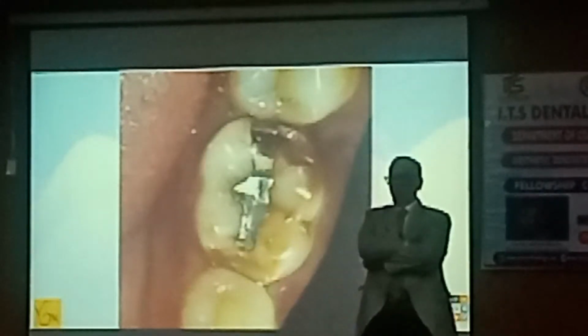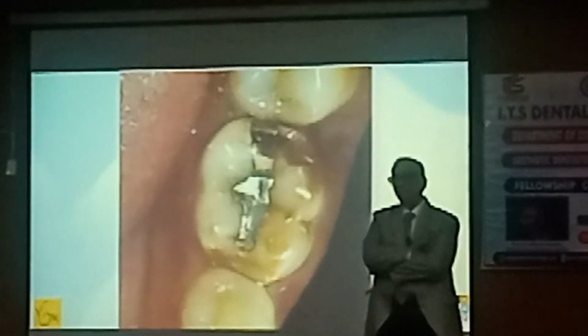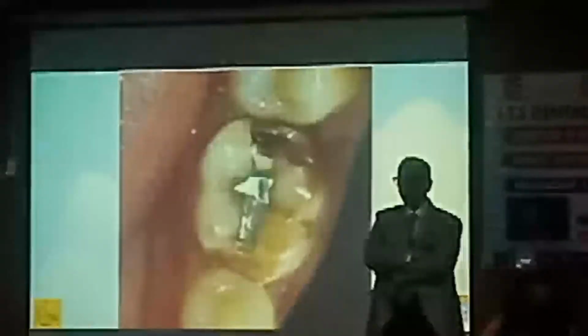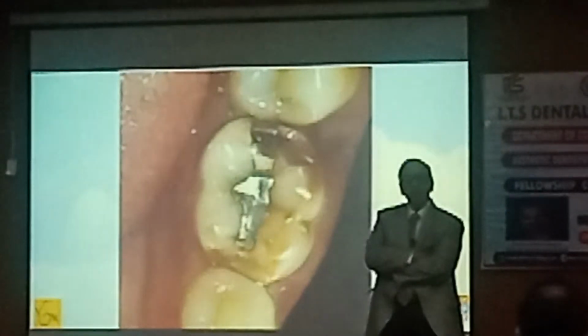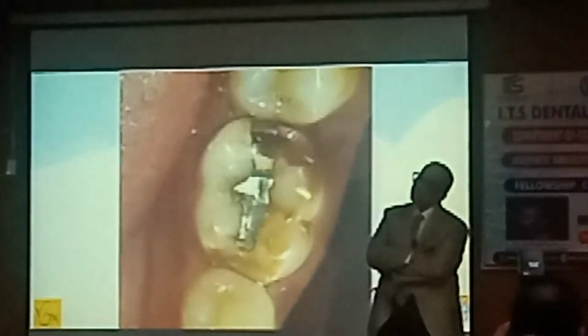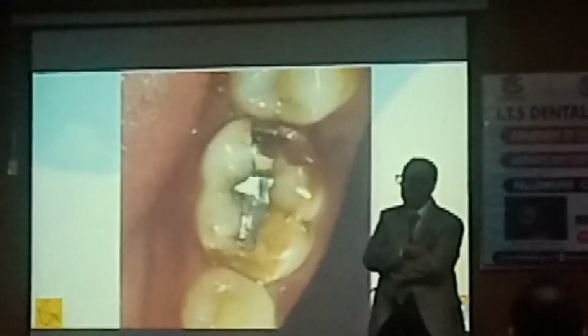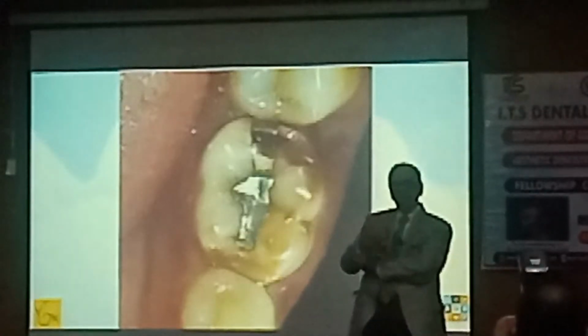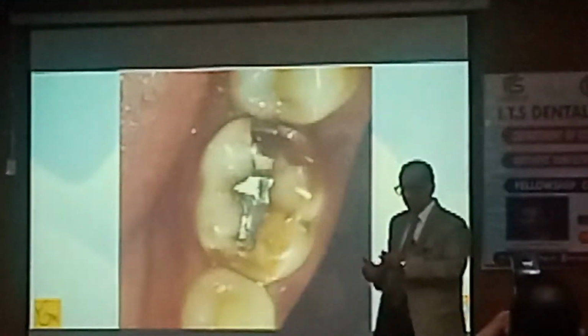How do you remove it? Spoon excavator or what? Smart burrs or a round steel burr at low speeds. Okay? You need to very carefully take all that decay out.